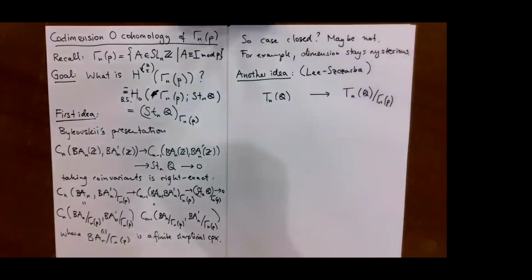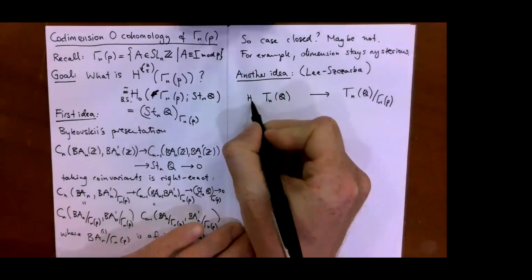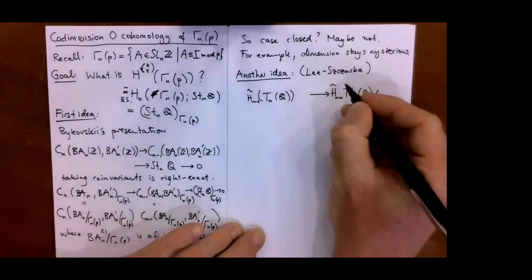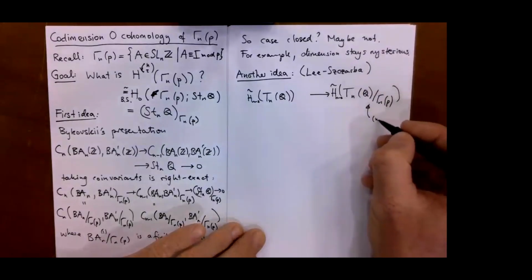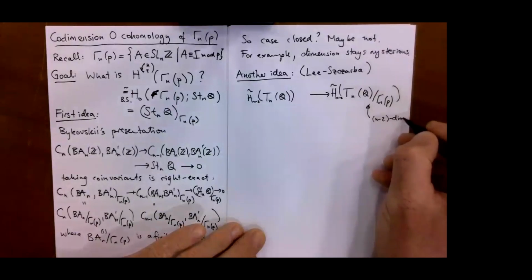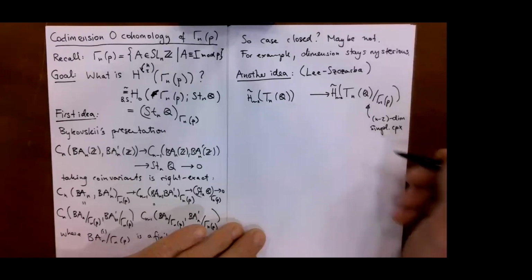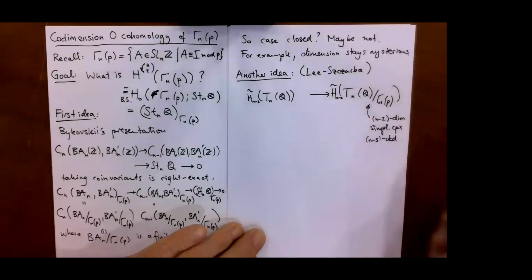Now if I take homology of this, I have a map on homology. In fact, this simplicial complex is also (n-2)-dimensional, and it is also (n-3)-connected. So really, this is the only homology that there is in this complex.